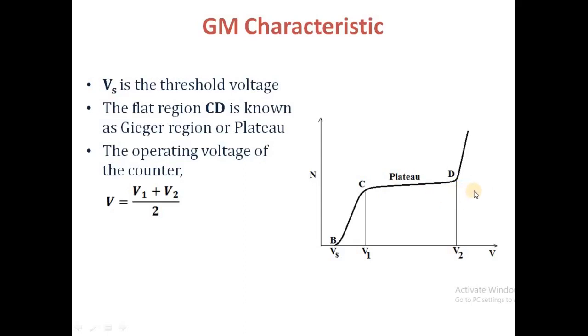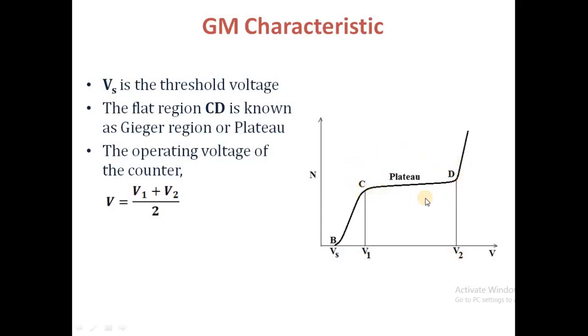After the plateau region, that is from D, for a small increase in the voltage, the count rate increases much more rapidly. The voltage corresponding to the point D is called the breakdown voltage. It is the optimum voltage above which one should not increase the potential. The GM counter is operated in this plateau region.